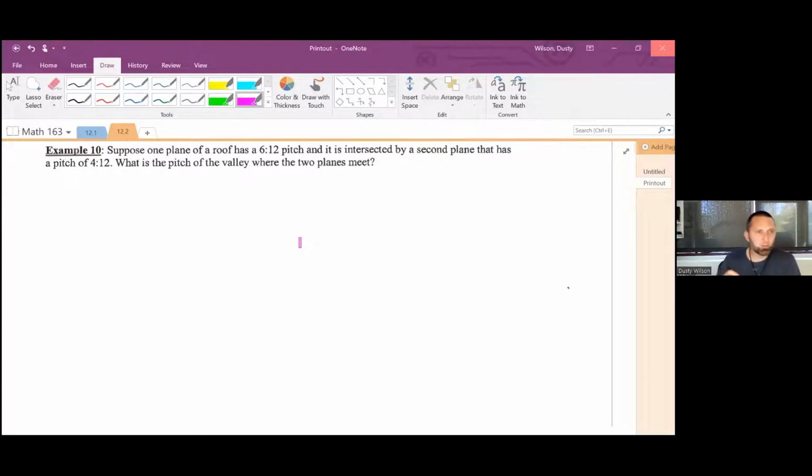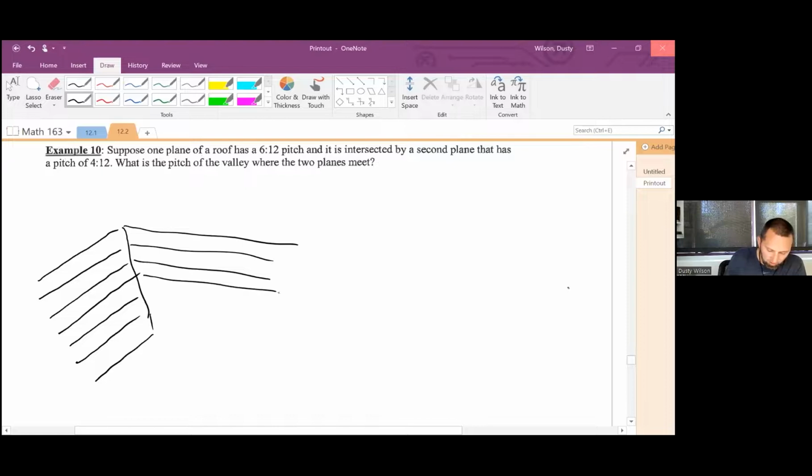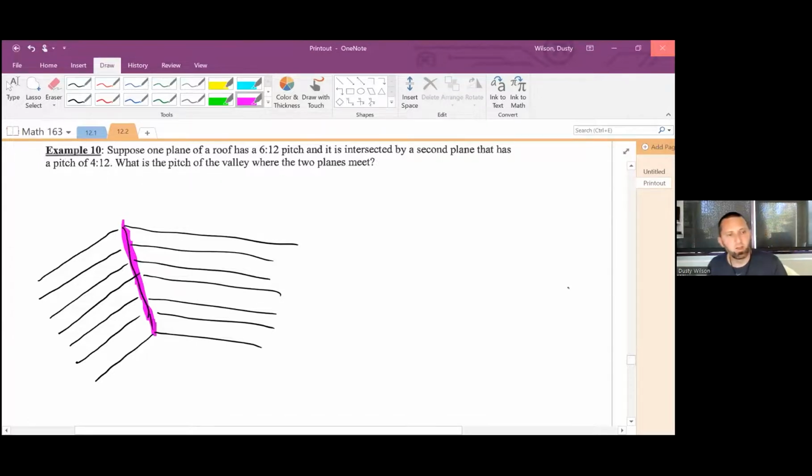So let's start by drawing a picture similar to the one above. So we've got the first plane. Let's imagine it's like an infinitely long plane, and it intersects a second plane, something like this. And we have a valley, which notice could be a ridge as well, where the two meet.